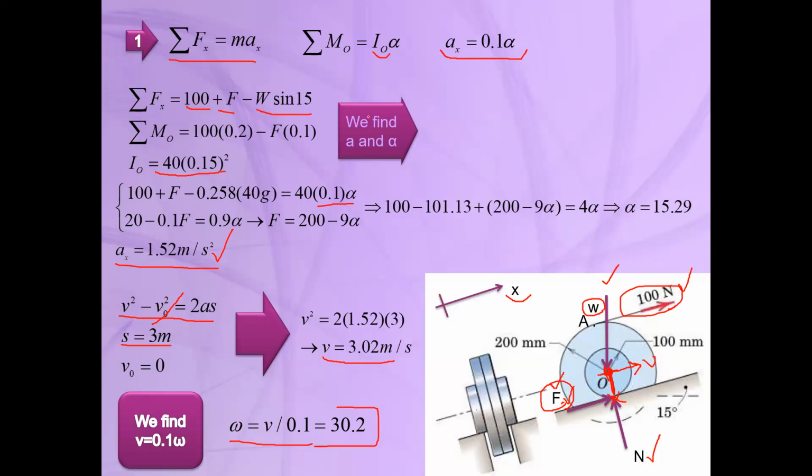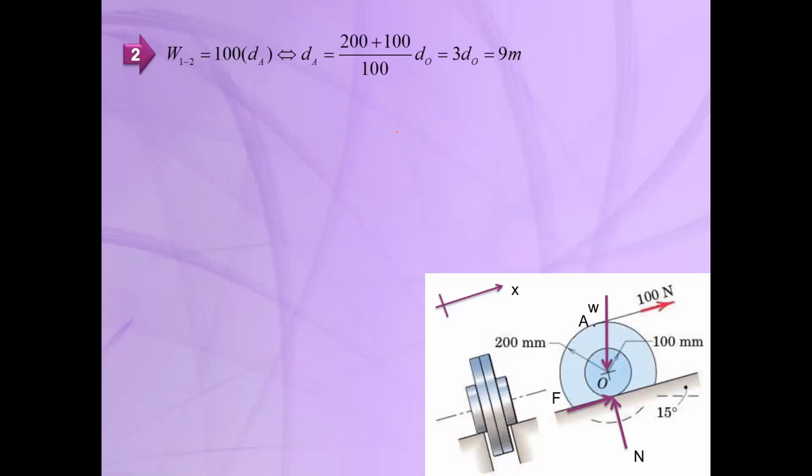Okay, so now we can solve this problem using the work and energy. To find the response, again, we have the same free body diagram as you can see. Now we want to use the work and energy equation.